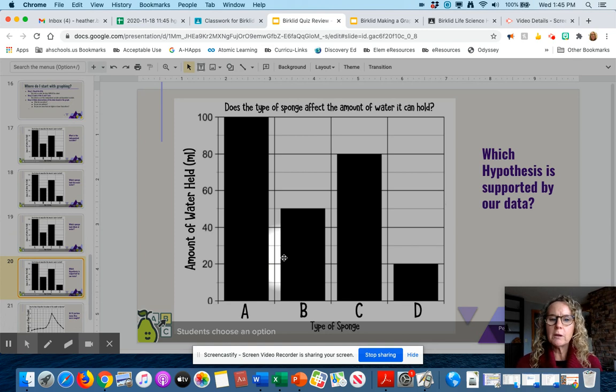And then let's just scroll down here. We have which hypothesis is supported by our data. Now this one's a little harder for me to do because I typed the hypotheses in. But you would have a null hypothesis, and the null would say that the type of sponge has no effect on the amount of water that the sponge can hold.